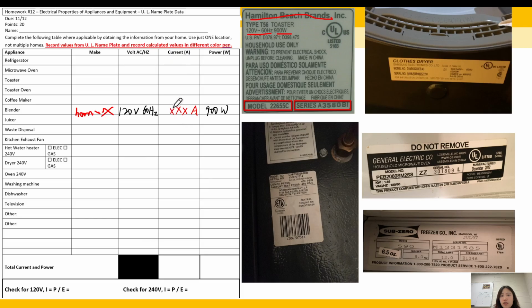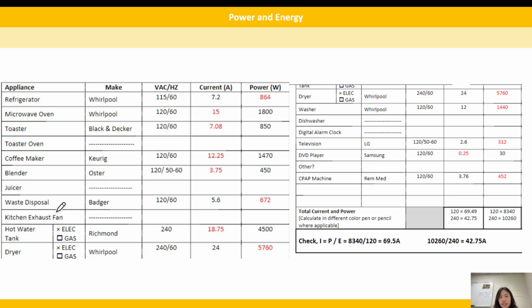Because this one you cannot directly find from the nameplate, you have to calculate it. And also complete the others. If you don't have this, that's okay. Just make sure you find an appliance from your home and put the number and MAC right here. If you find others, you can use the blank area to record the value.